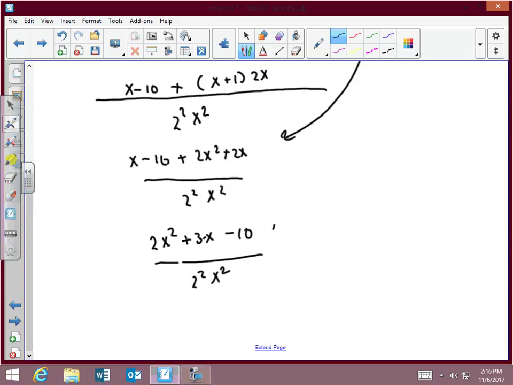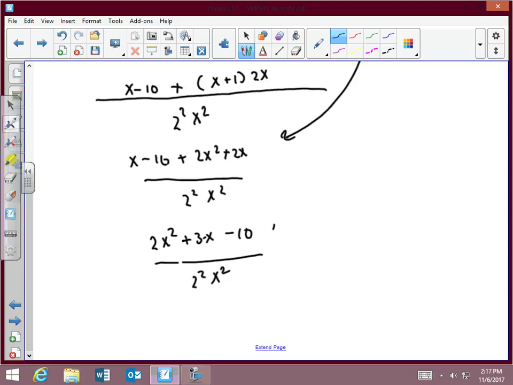Now that numerator, what you want to do is look at it and say, can it be factored? And if I factor it, can I cancel something in the denominator? It doesn't look like anything to cancel. The question is, does it factor? I need two numbers that multiply to give you the minus 10 and 2, and when you take their difference it's 3.